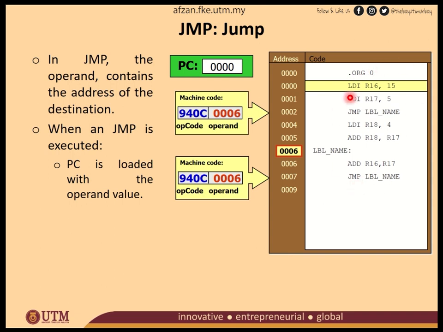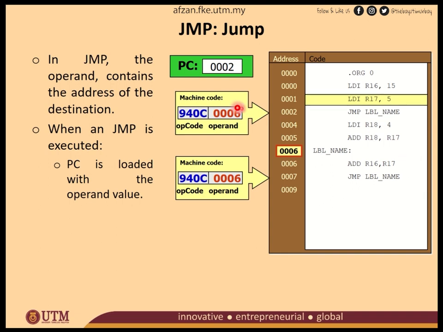The first one, LDI R16, 50, puts 50 into R16, and then LDI R17, 5. The program counter will increase by 1, and then you execute the previous instruction. You can refer to module 2 or module 3, if not mistaken, to see what the fetch and execute cycle is all about.